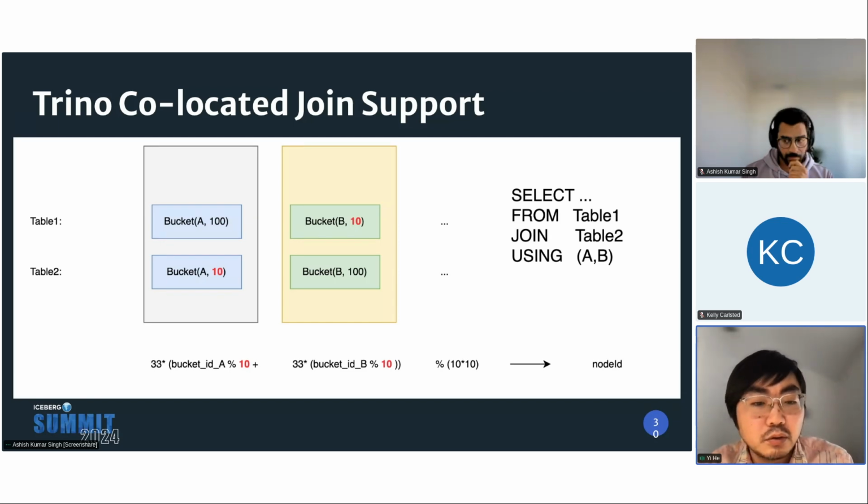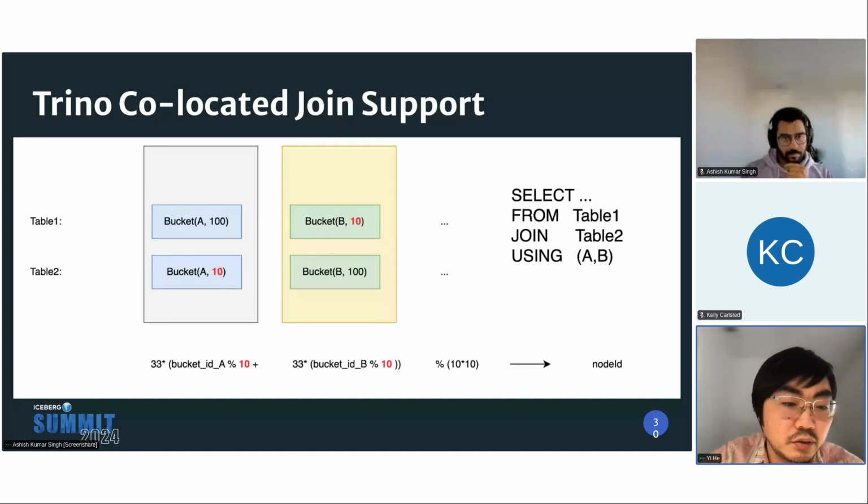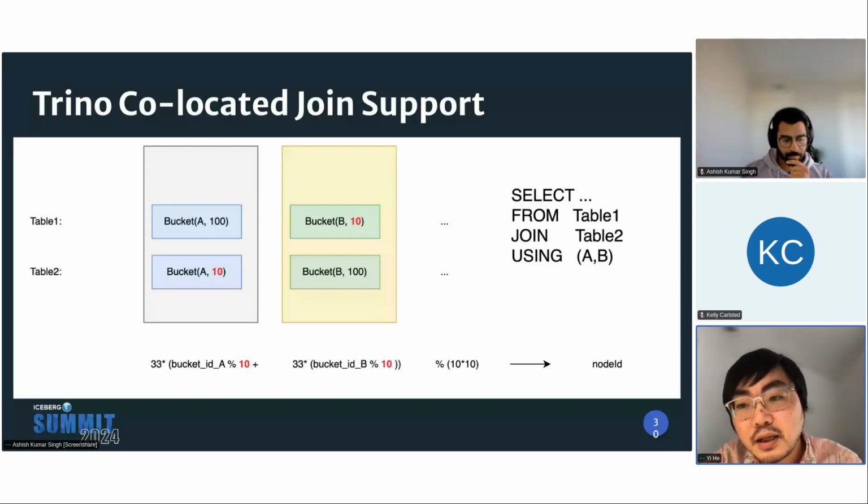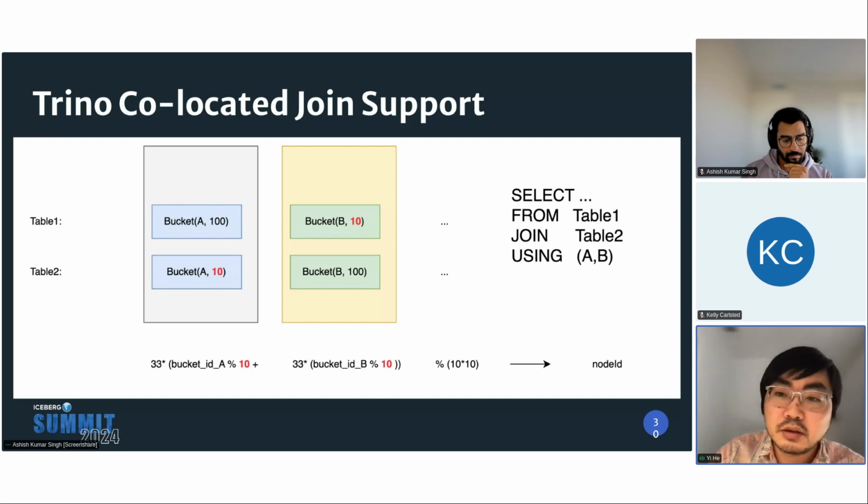That way, the splits reading the same values for the bucket columns can be collocated on the same machine. Then we get rid of the whole shuffling process, and the query runs much faster.